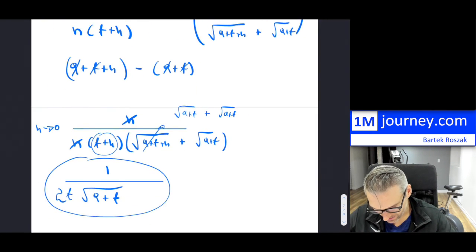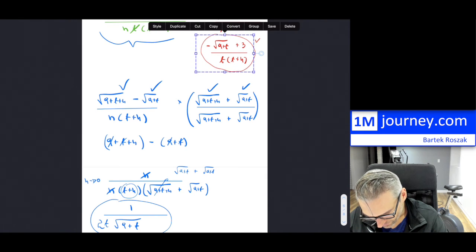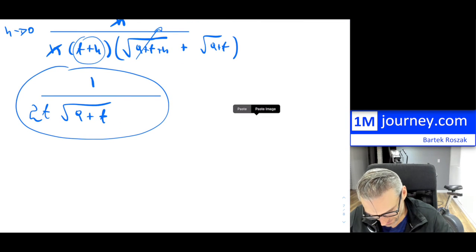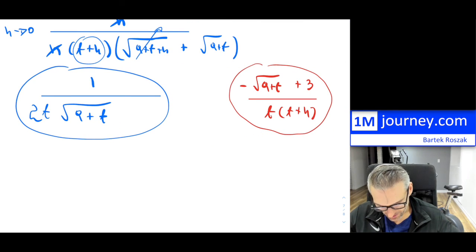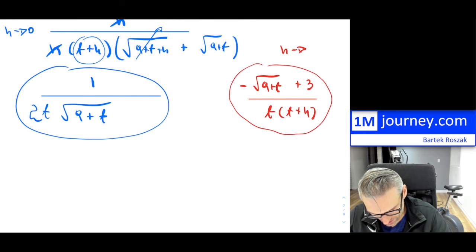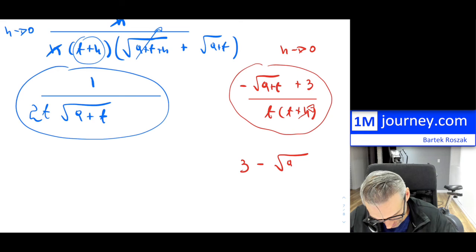And then, I can't forget still this. Okay, so let me copy this. If I bring it down, paste. Now if I let h tend towards 0 here, this is going to be, I guess, like 3 minus 9 plus t.